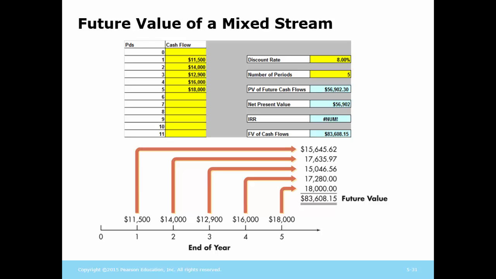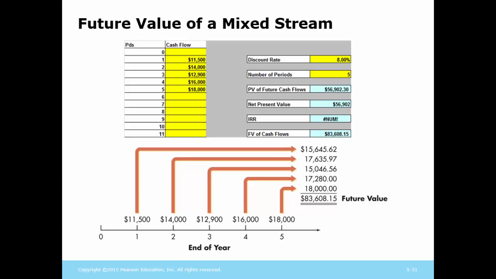Of course, now we have to go to the mixed cash flow stream spreadsheet. If you look at the bottom of your spreadsheet, there's the time value tab. There should be a time value loan, and there should be a time value mixed cash flow stream.